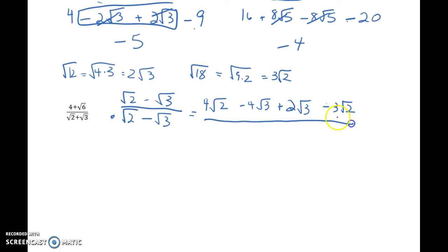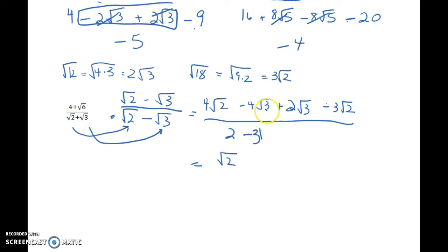In my denominator, because the middle terms cancel out, all I really have to do is multiply square root of 2 times square root of 2, which is 2. And square root of 3 times the negative square root of 3, which is negative 3. I'm sorry, I'm a little bit ahead of myself. So my numerator, combining like terms, 4 root 2 minus 3 root 2 is 1 root 2, or just the square root of 2.